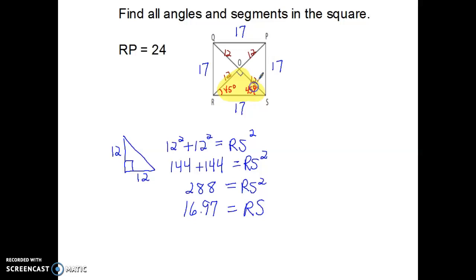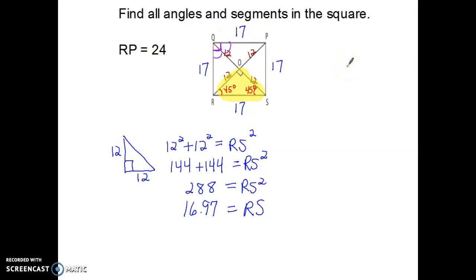I can get that because it's isosceles, or I can also get that from the fact that a square has a 90-degree angle at the corner, and being that the diagonal lines are angle bisectors, I would just take 90 degrees, cut it in half, and they're each 45.